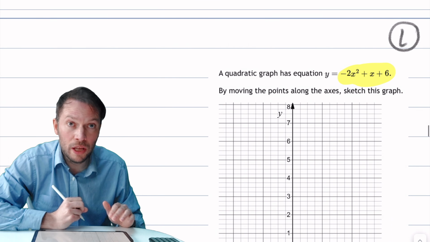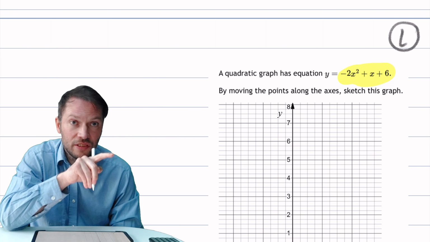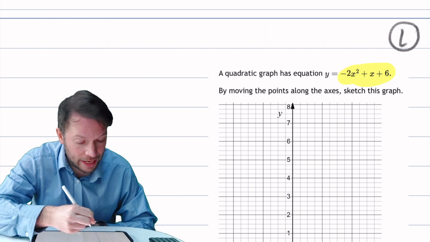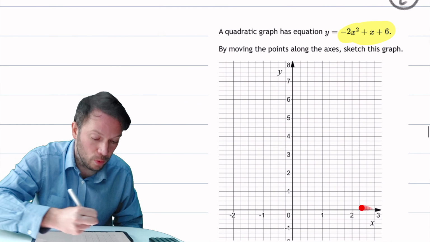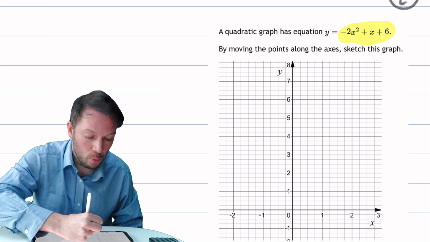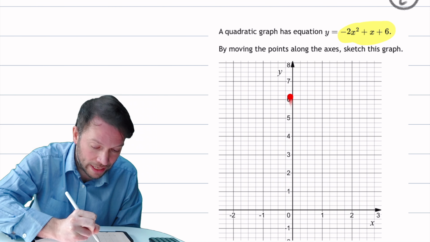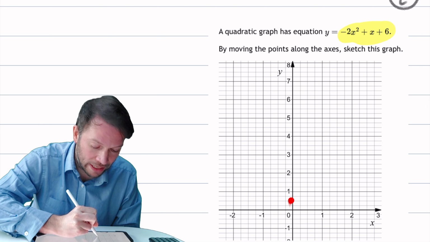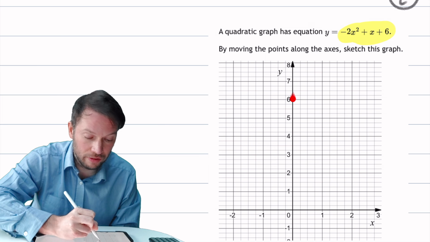Now, in general, our starting point when we sketch a quadratic graph is to work out where the graph intercepts the y-axis and where it intercepts the x-axis. So where does a graph cut the y-axis? Where does it cut the x-axis? Now, notice on the y-axis, any point on the y-axis, the x value, the x-coordinate, is always equal to 0.